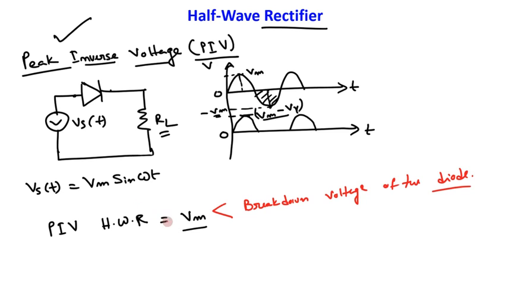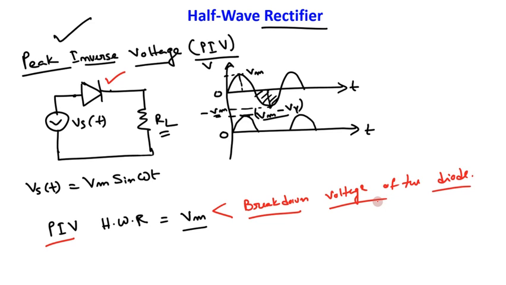So always we have to choose Vm, or the PIV, such that the PIV is much lower than the diode breakdown voltage. It means we should not operate this diode beyond its rated breakdown voltage. In fact, we should not go towards even the breakdown voltage.